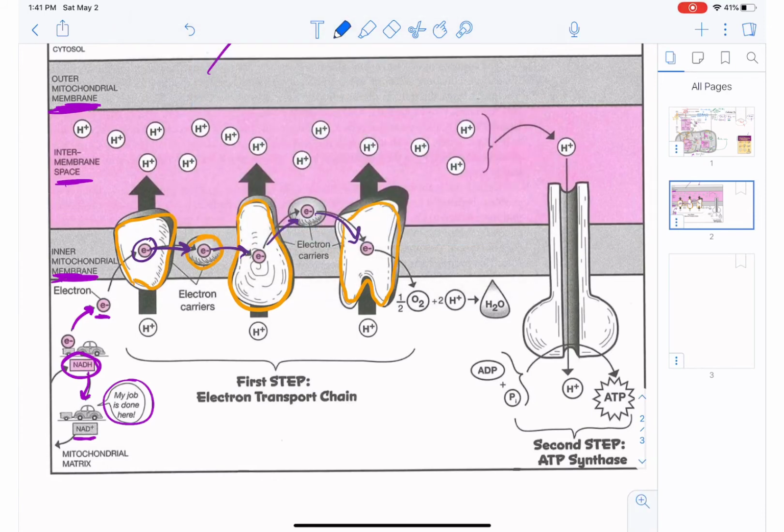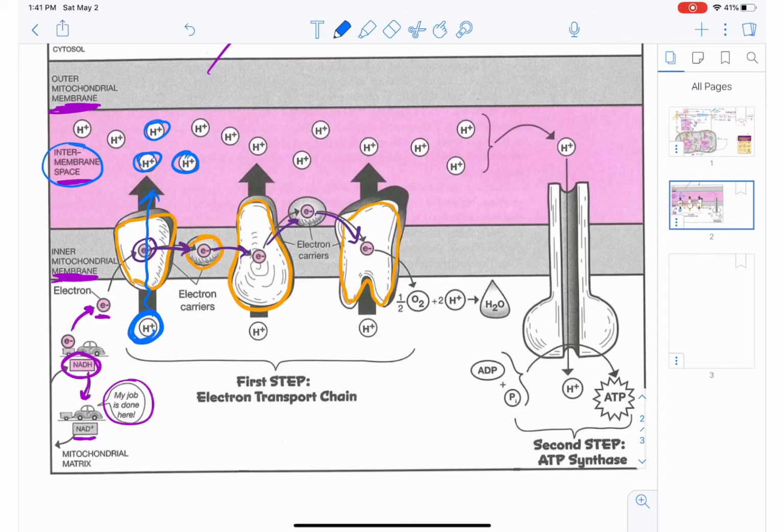And what that allows those electron carriers to do is move hydrogen ions from an area of lower concentration up through that inner membrane into the intermembrane space to an area of higher concentration. So we're moving hydrogen against its concentration gradient. And this takes energy. And the energy is being supplied by these electrons being shuttled through these electron carriers.